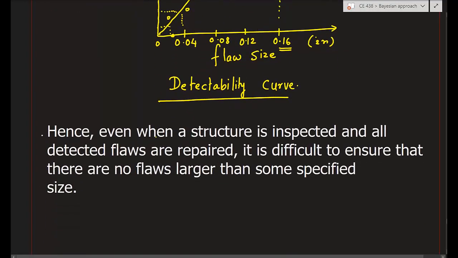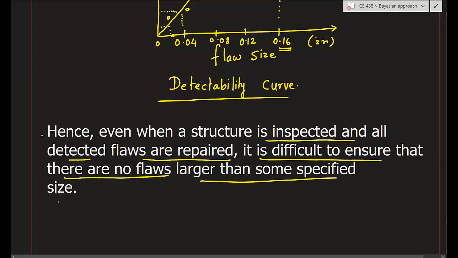So hence, even when a structure is inspected and all the detected flaws are repaired, it is difficult to ensure that there are no flaws larger than some specified size. So what we are saying is, even if you have done this inspection process using the sensor, you are not sure that you have detected all the flaws, because your measurement or your sensor is not so sensitive.